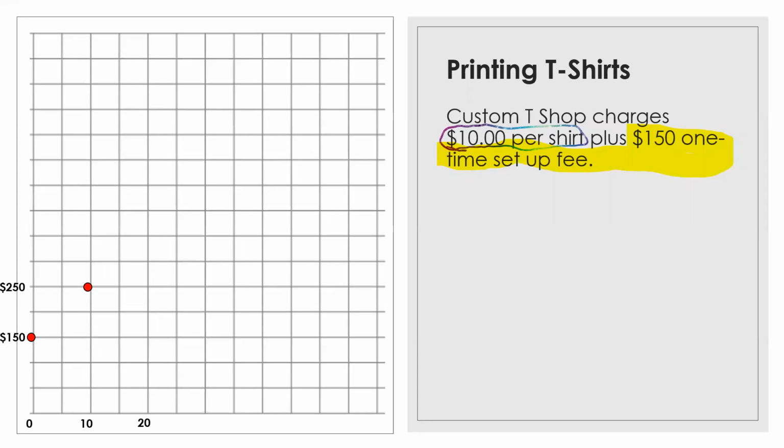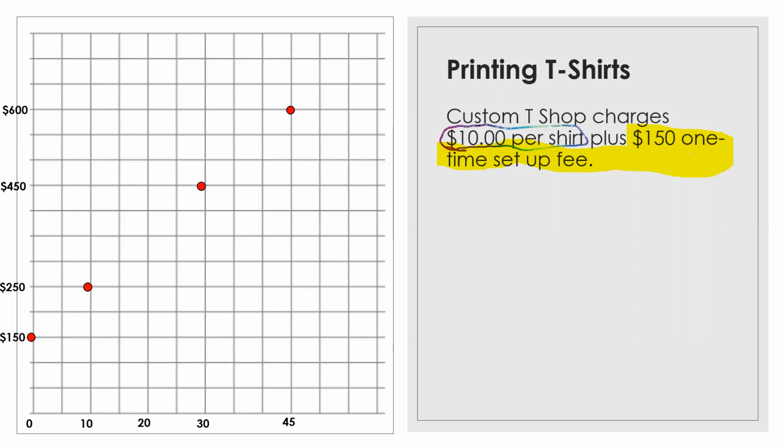Now suppose I print not 20, but say 30 shirts. Okay, so 30 shirts, $10 a shirt. That's 300 plus 150. I have 450. So I have 30, 450. That's the dot there. What if we print 45 shirts? Well, you've got it. That's $450 plus 150. So we are now at 600.